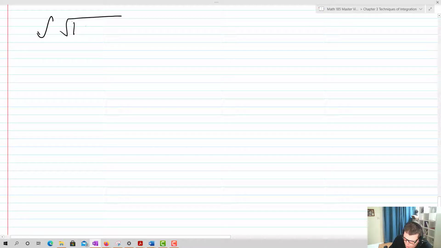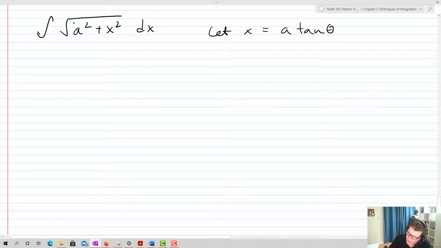So now what we want to do is see, if I have an integral of the form the square root of a squared plus x squared dx, then what I'm going to do is let x equal a tangent theta, and so then dx is going to equal a secant squared theta d theta.